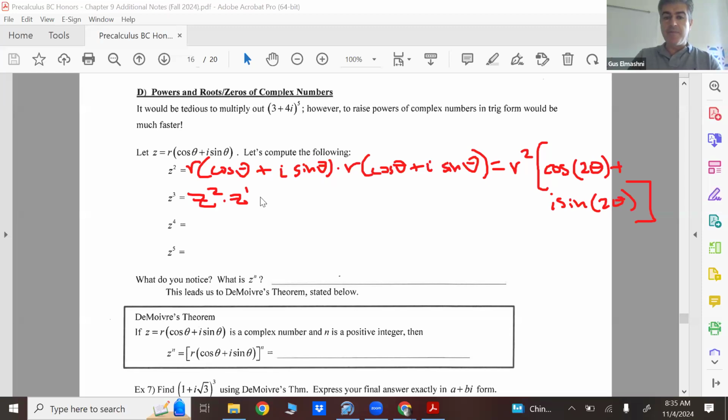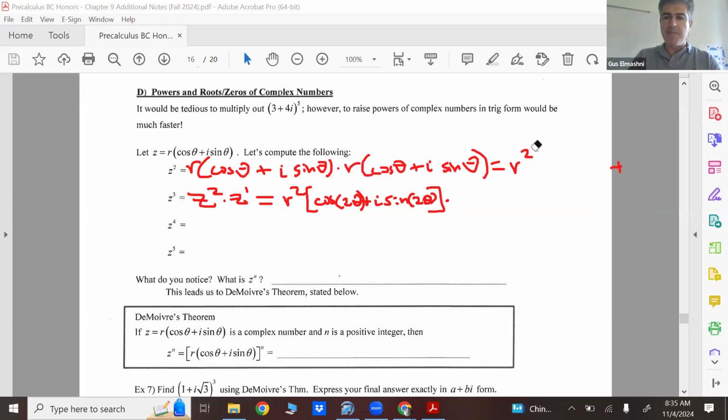Or you could do this: r squared, cos 2 theta plus i sine 2 theta, times, let me erase the other stuff because it's getting a little messy now, times z, which is r.